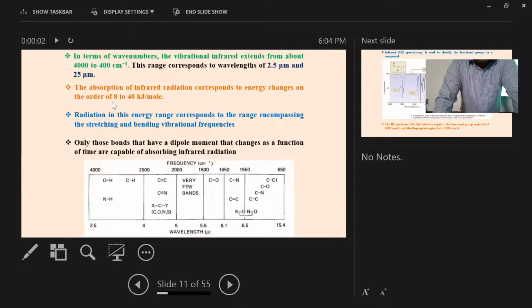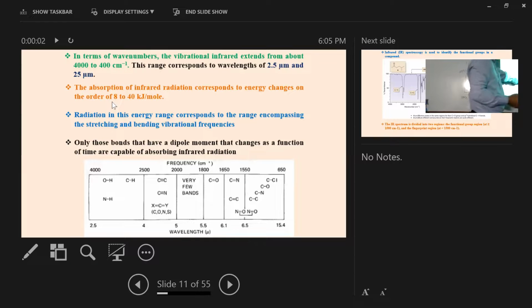In terms of wave numbers, for different types of functional groups, what types of functional groups do we have? Based on the type of functional group, we can have the IR absorption in different regions. Because already I have mentioned, if I show you here, that OH is close to 4,000 and CH is around 3,000 wave number, and this is around 3,600 wave number.